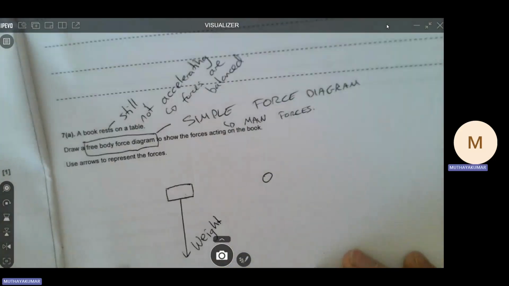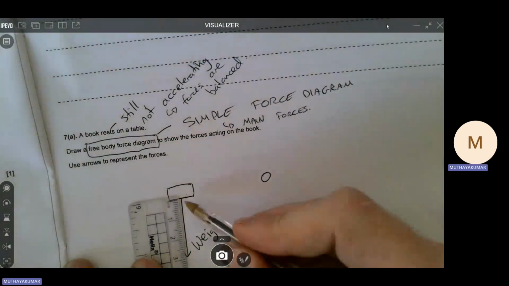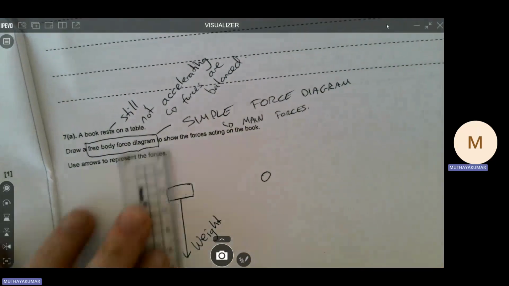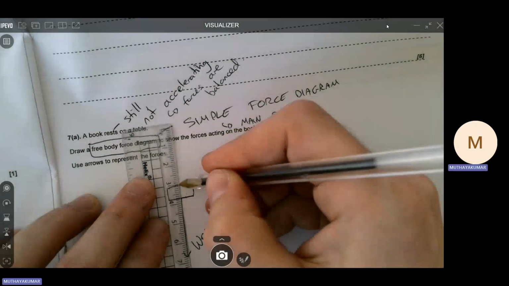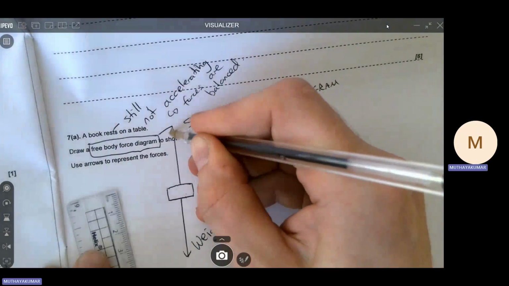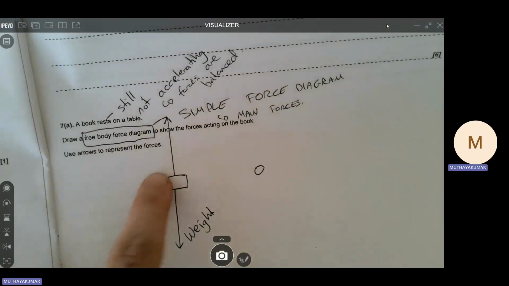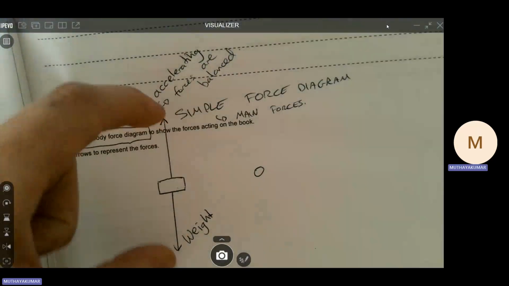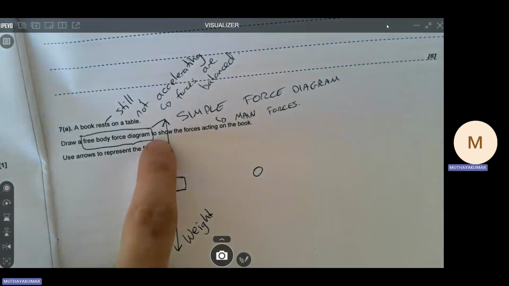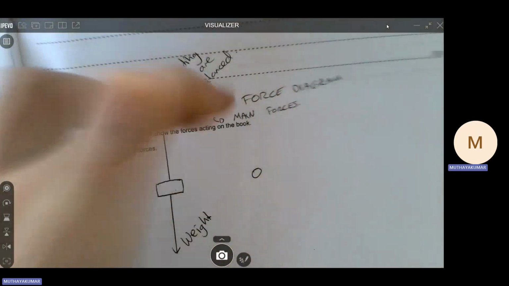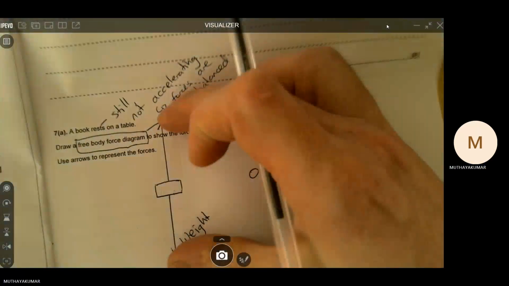Which means if my down arrow is about 3 centimeters, the up arrow must also be 3 centimeters. So I need to draw an arrow that is roughly 3 centimeters up. Now I've actually been a little bit stupid here. I've probably drawn my arrows too long because it goes over the question. It's not necessarily a problem, right? The examiner will see that, but in the ideal world, we just have to move the whole thing down.